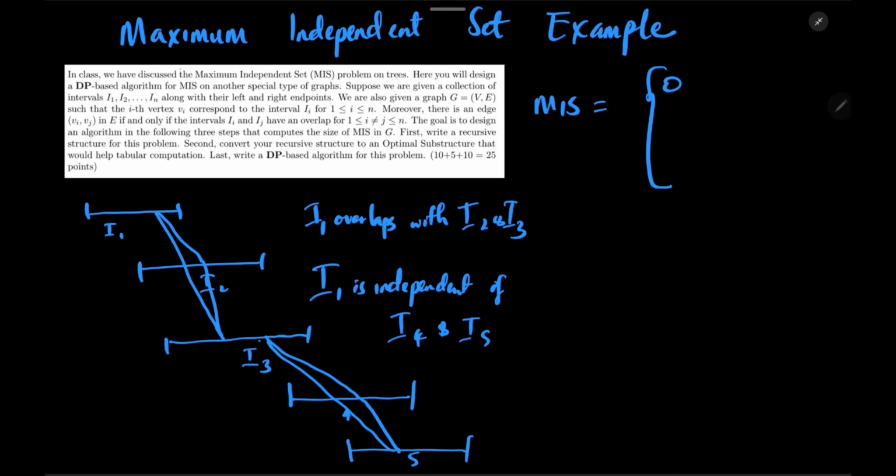So they are dependent. The possibility of carrying out the task that has interval 2 is dependent on 1 and 3. Let's use that word: they overlap. So it's not independent. Our maximum independent set, if all intervals overlap, will be 0. So that's the first case.